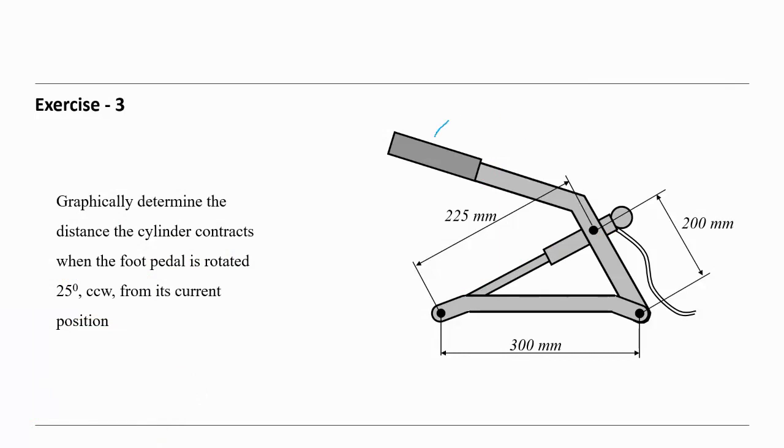Counterclockwise, and how much? 25 degrees from the initial position. So determine the distance the cylinder contracts. So the distance the cylinder contracts, and this is the cylinder here.